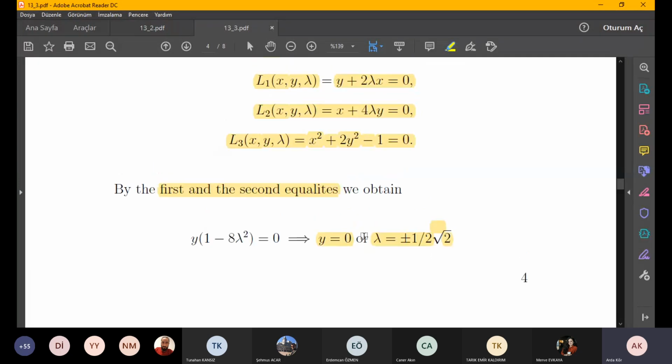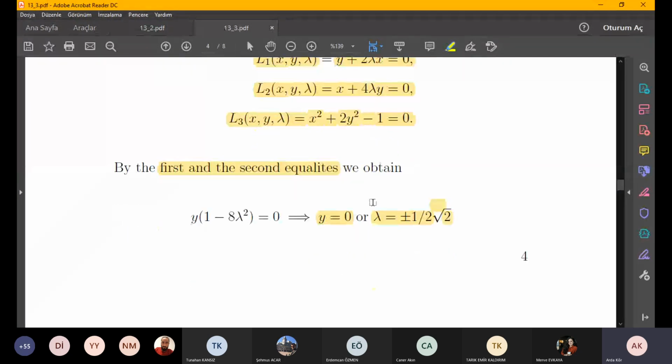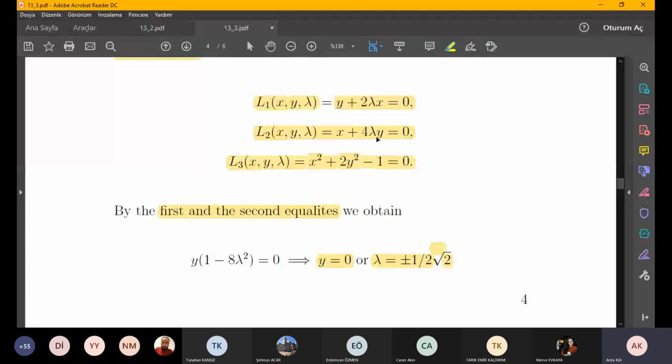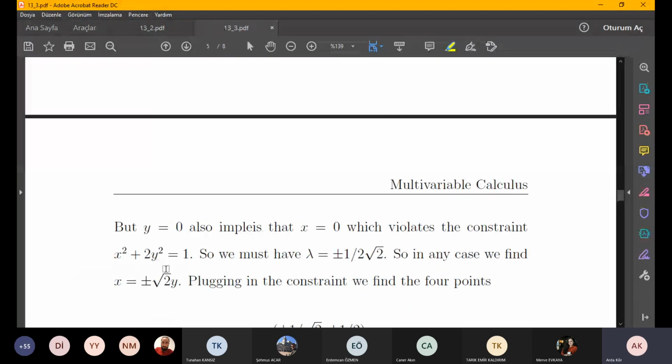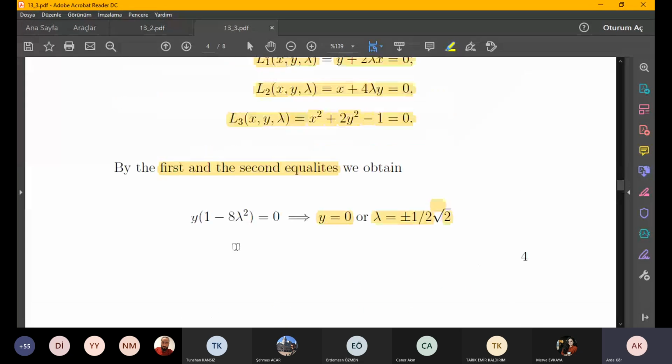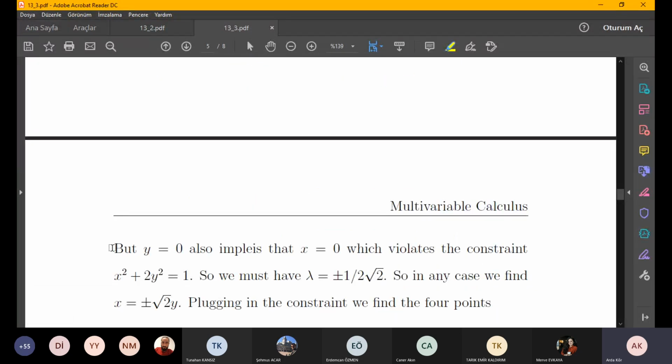But if you try to put y equals 0 into the first or second equation, it doesn't matter, you can see that x equals 0.